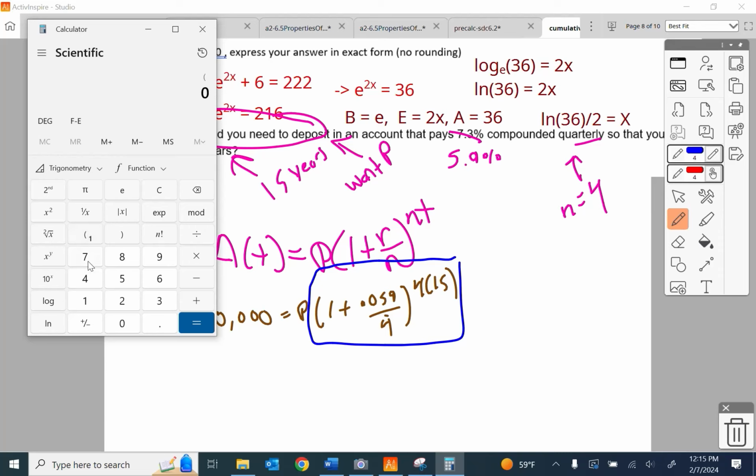Okay, let me switch over to scientific. 1 plus 0.059 divided by 4, close parentheses. Where's the little exponential key on the scientific mode? There she is. Raised to the 4 times 15, close parentheses.